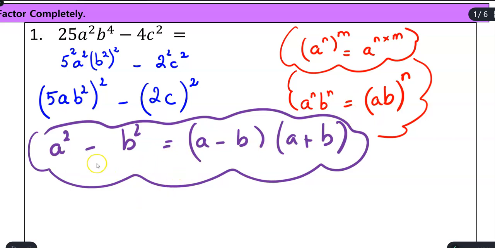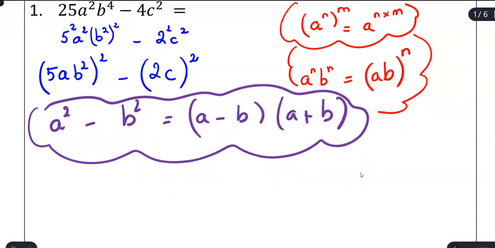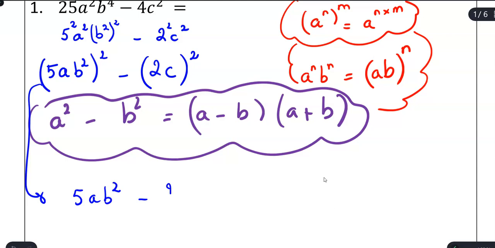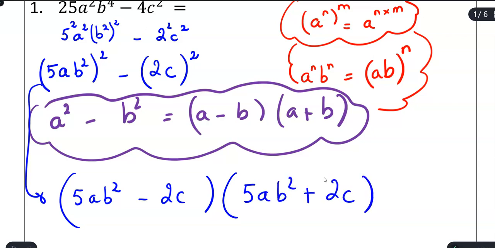We apply them to this difference of squares to get its factored form. So from here, I can put 5ab squared minus 2c, all of it in brackets, and then I multiply that with 5ab squared plus 2c in brackets as its factors. How do we know that we've done this correctly?